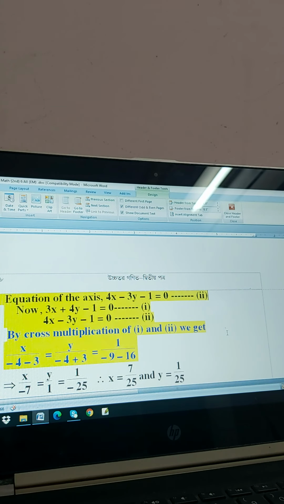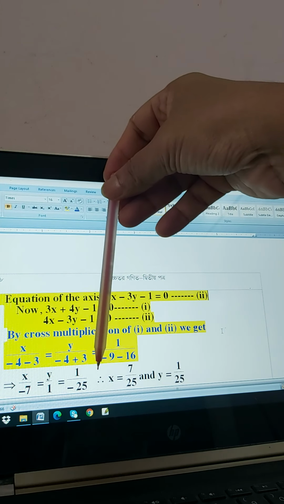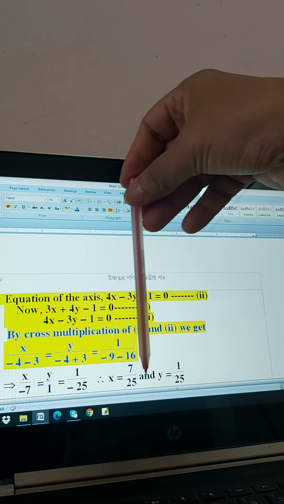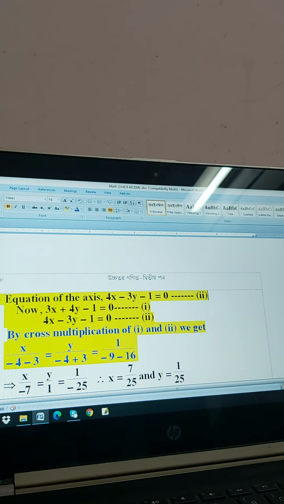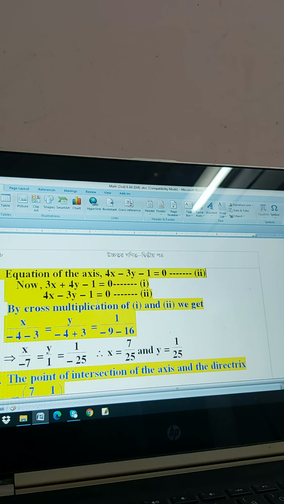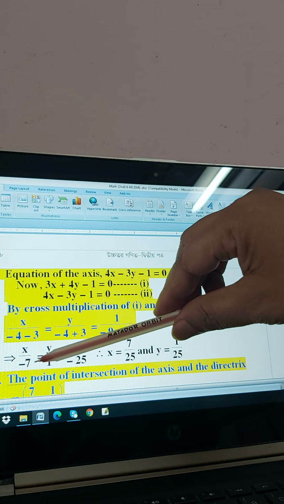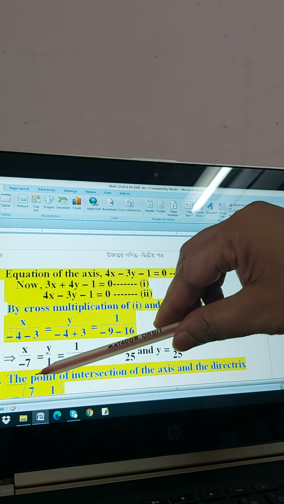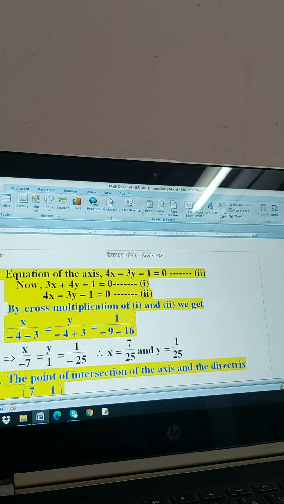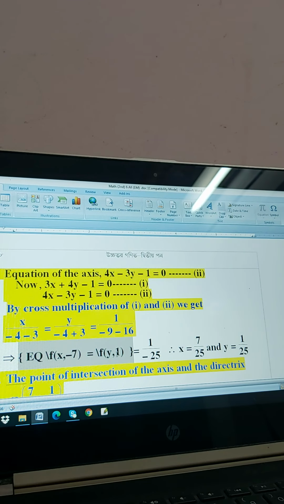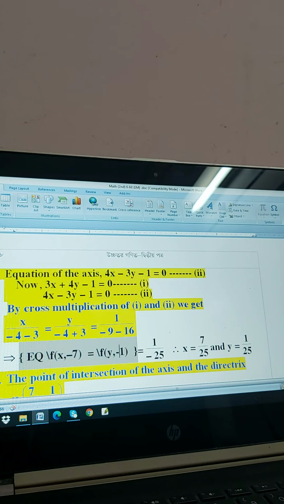Now, for 1: 3 into minus 3, that is minus 9, and minus 4 into 4, that is minus 16. After simplification, x divided by minus 7, and y divided by minus 1, it will be minus 1.